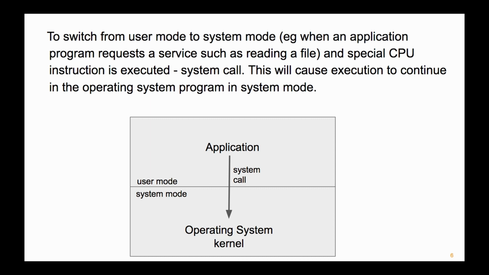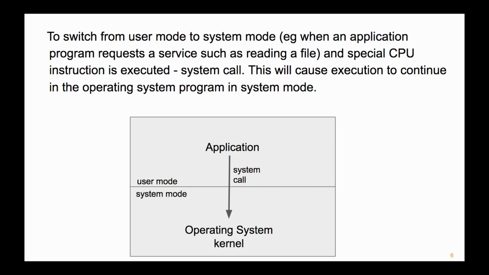To do this, there is actually a special CPU instruction. This is called a system call, and what it does is it causes execution to continue in the operating system in this separate system mode. So you've basically got the two modes, user mode and system mode, and you switch between them with a system call, which is a little bit like a function call, except it changes the mode of operation.